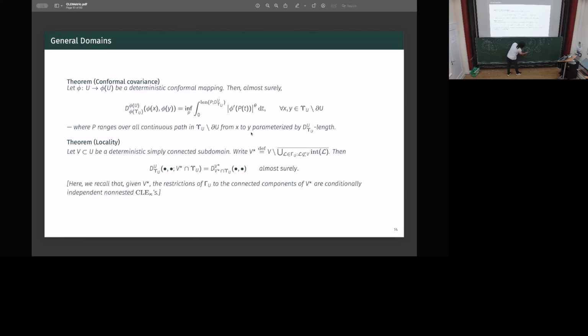And then the things inside is also a CLE in this part. So we know that the induced metric inside here is not only almost surely determined by things inside, which we said before. It is actually given by the CLE in this domain.